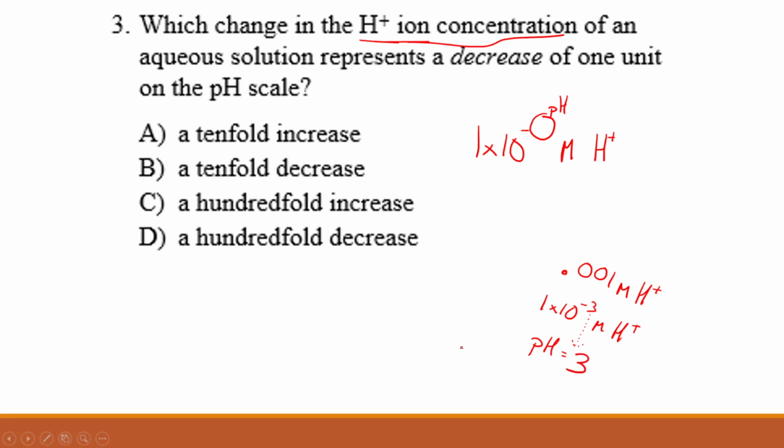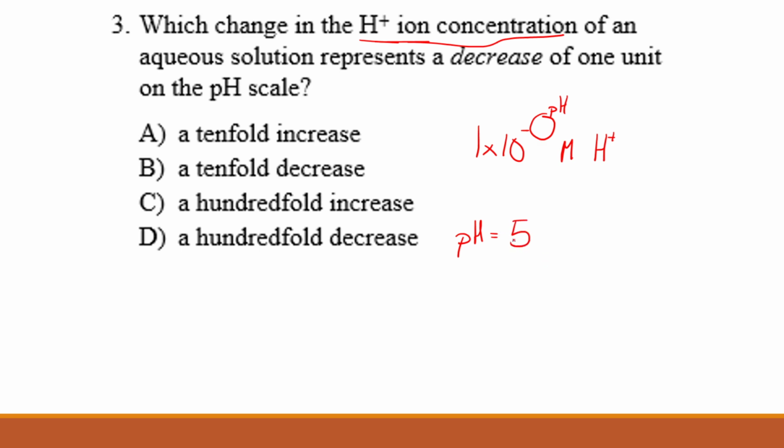So if we want the pH to decrease by 1, what effect does the concentration have on that? Let's say, for example, we had something with a pH of 5.